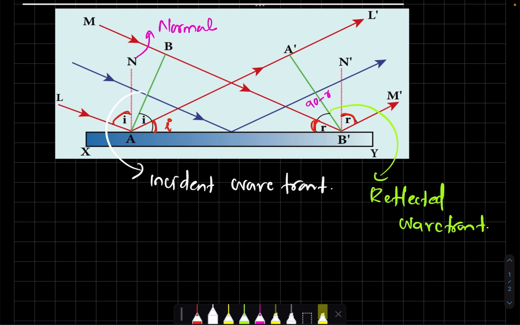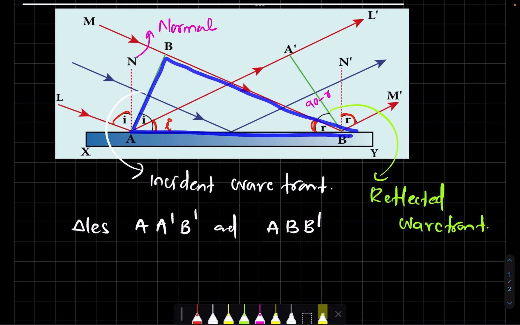So I am considering two triangles, AB B dash and A dash B dash B. Let me show you once again. This triangle and this triangle.